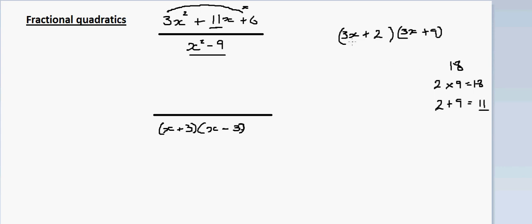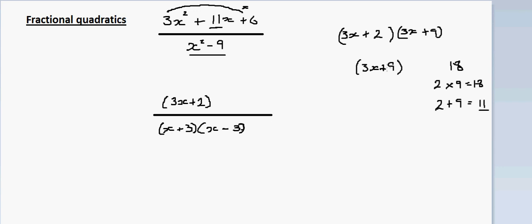So in one bracket I put plus 2, in the other bracket I put plus 9. Now as I said in my previous video, you'll see how I've done this. There is no connection between 3 and 2, so there is nothing I can factorize out. So in this bracket I can write 3x plus 2. Nothing can be done with that bracket. Now if I take the other one, 3x plus 9, is there a number that will go into these two numbers so that I can reduce this bracket?